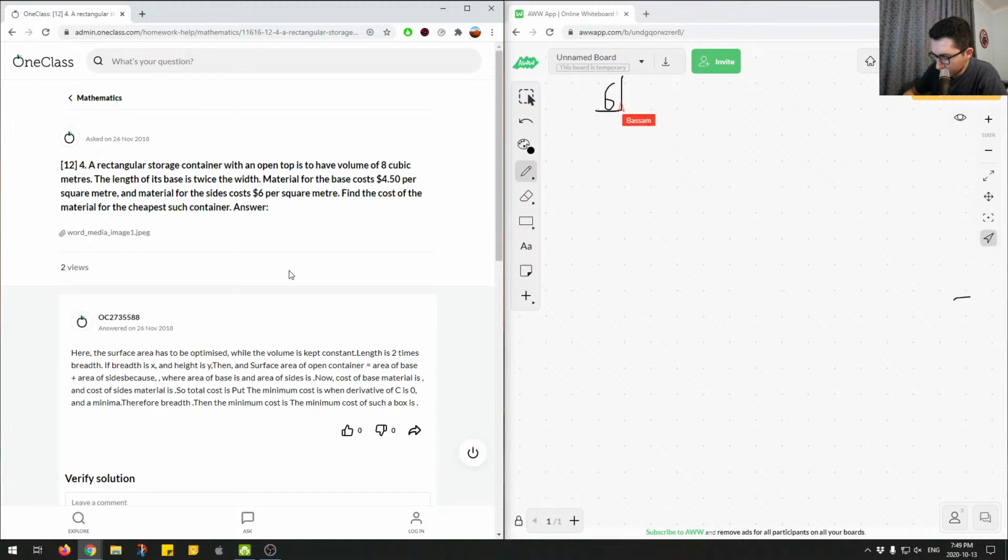So this is question number 6. The first thing we want to do is just write down some givens. We know that the volume will be 8 meters cubed, so we have 8 cubic meters. We can draw the picture of what this box looks like.